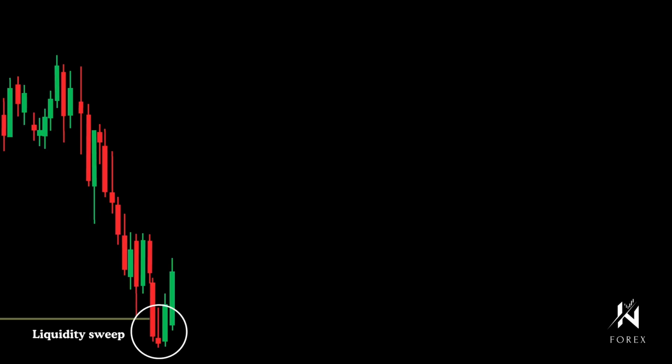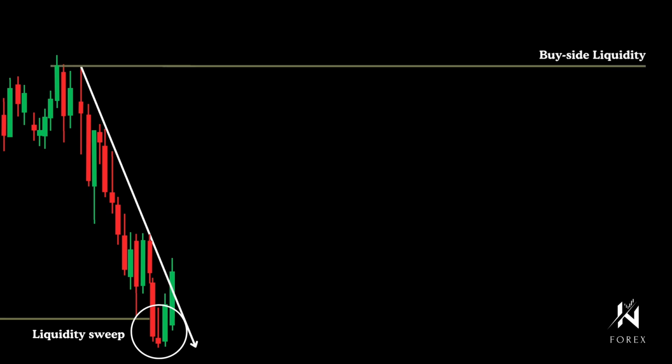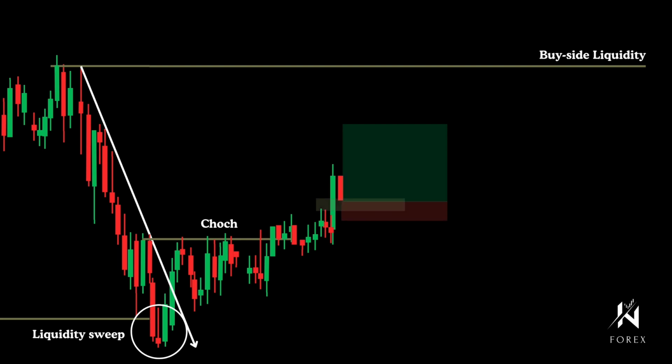Here on the 15-minute chart, we're looking at the same liquidity sweep pattern, and this zone above marks our buy-side liquidity target. But before jumping into any trade, we need a change of character, CHoCH, to confirm a short-term trend reversal. That happens when price breaks and closes above this structure level. Only then do we look for long opportunities.